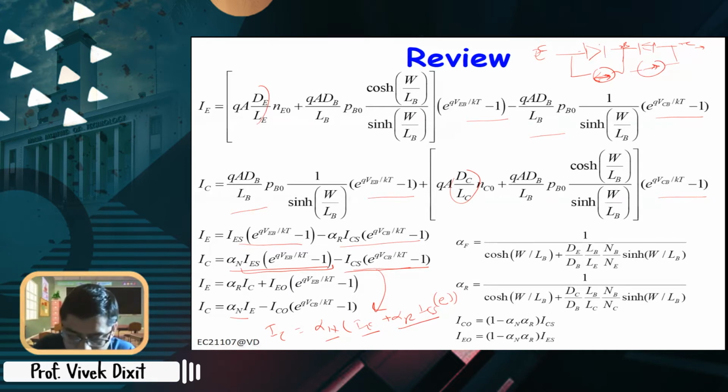So that will be minus ICO exponential QV by KT, and then ICO is given by 1 minus alpha n alpha r ICS. So this is 1. Now this is alpha n times alpha r. Well, this is plus sign. So 1 minus of minus will be plus. And similarly, you get expression for IEO. And then alpha f and alpha r, they are similar. Only thing is whatever is emitter is replaced by collector here for alpha r.